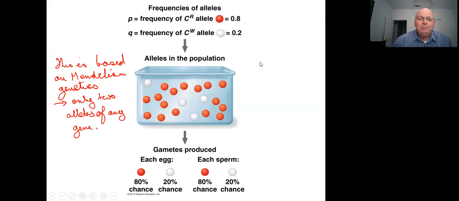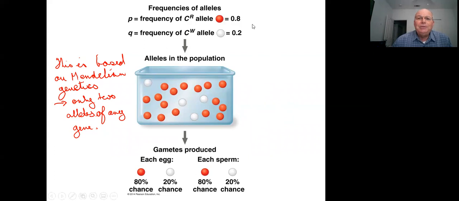So when individuals in this population reproduce, the gametes that they produce, because the genes segregate into the gametes randomly, again, part of Mendel's inheritance principles, this is the law of segregation. The frequency of each type of allele in the gametes should reflect the frequency of the alleles in the population.